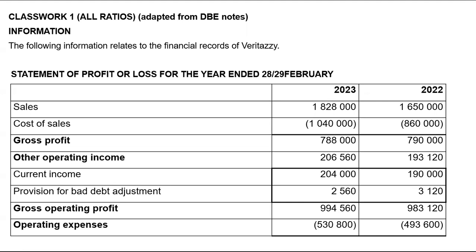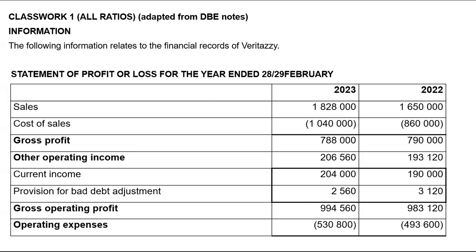And because I said we are calculating operating profit on sales, we will simply take that and divide it by our sales for 2023, which is 1,828,000. And that will tell us how we stand when it comes to, it's actually more about our operating income, all right? It tells us more about our operating income.